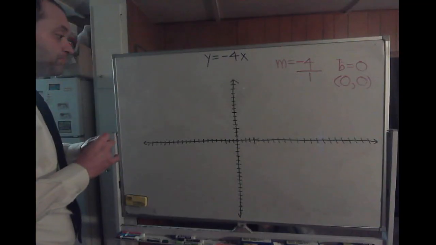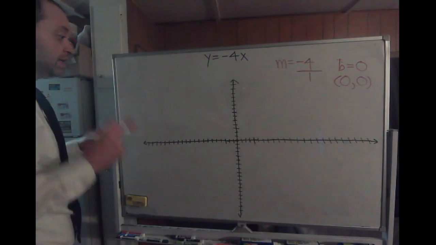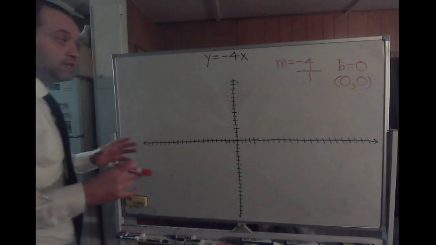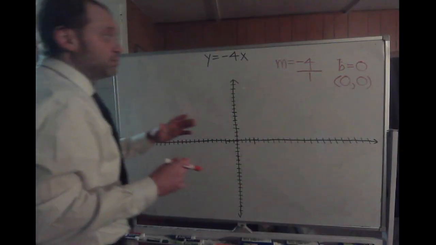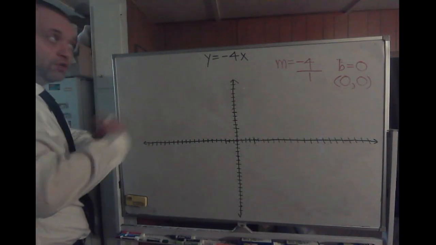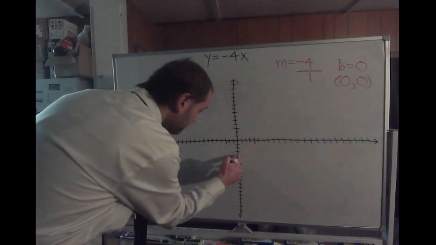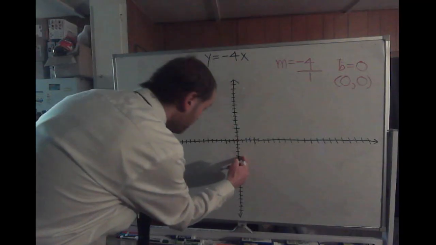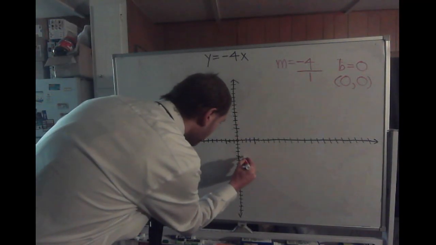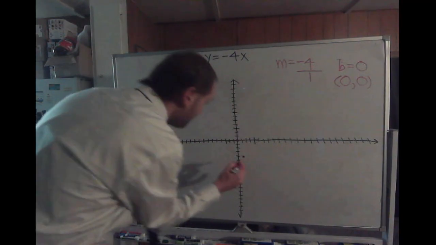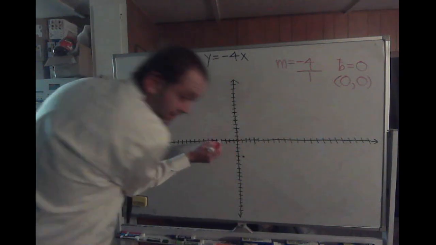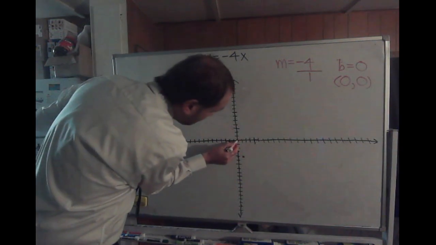Now, let's see. Your slope is negative 4 over 1, which means it falls 4, so you go down to negative 4, and then over 1, so you would be at the point 1, negative 4. So then you've plotted your points.